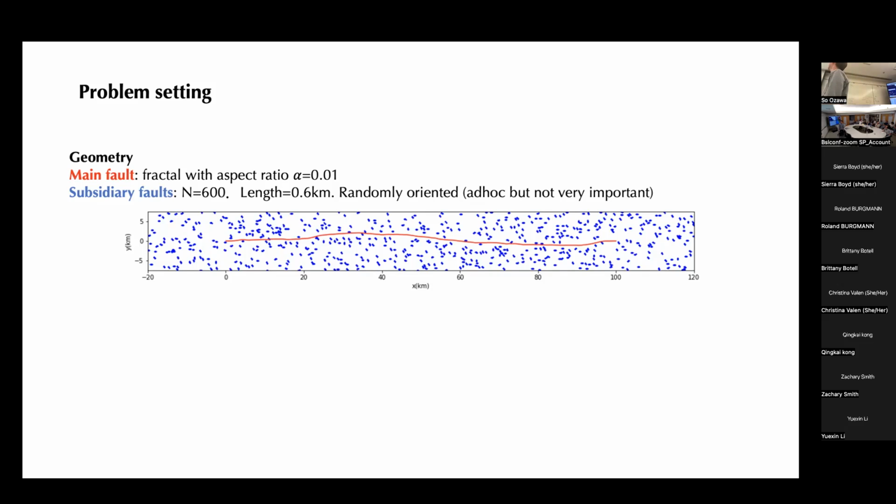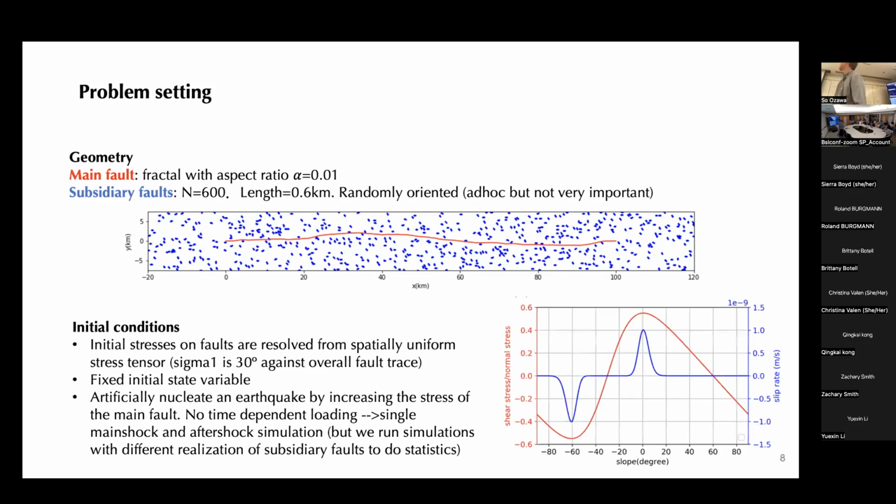In this simulation we try to reproduce mainshock and aftershock sequences. Initially, the stress on the fault is resolved from a spatially uniform stress tensor, and the overall fault trace is optimally oriented in terms of Coulomb stress. Sigma 1 is at 30 degrees against this fault trace, and the state variable in the rate-and-state friction is fixed.